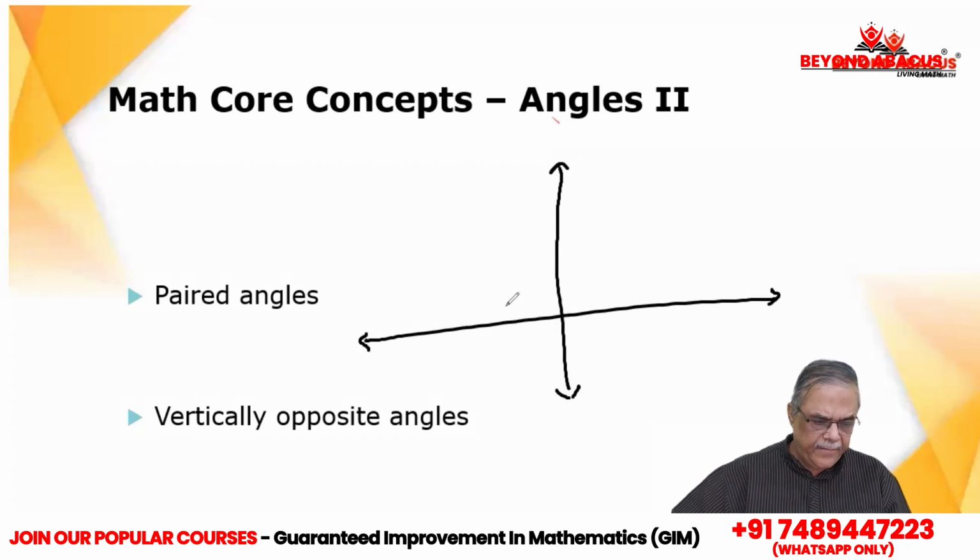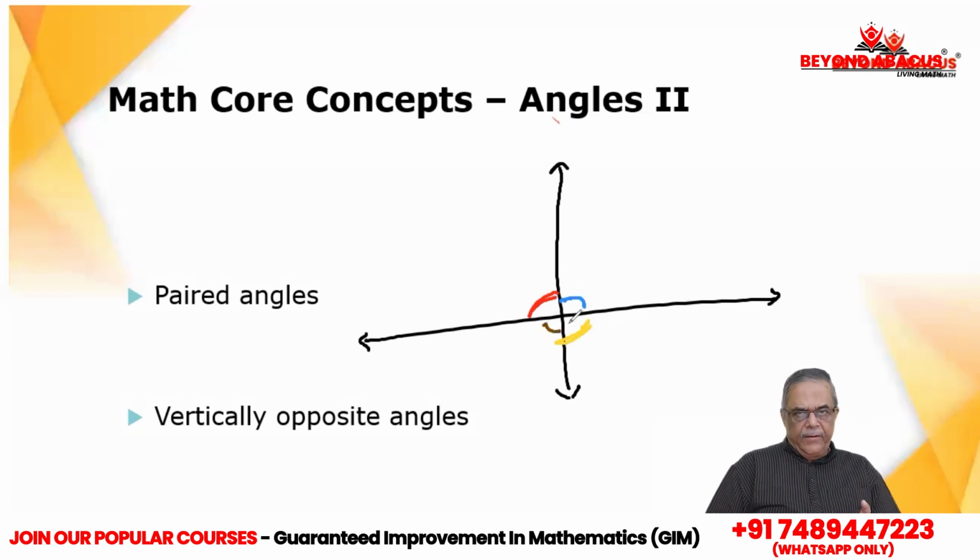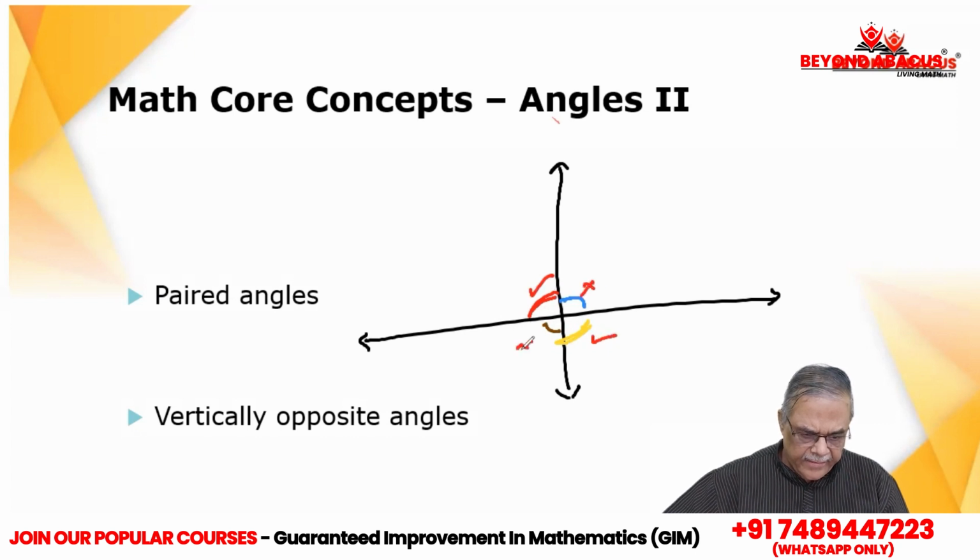If I indicate them with different inks, this is one, this is one, and this one. So four angles are formed here, but you will notice that this angle and this angle are equal, and this angle and this angle are equal.